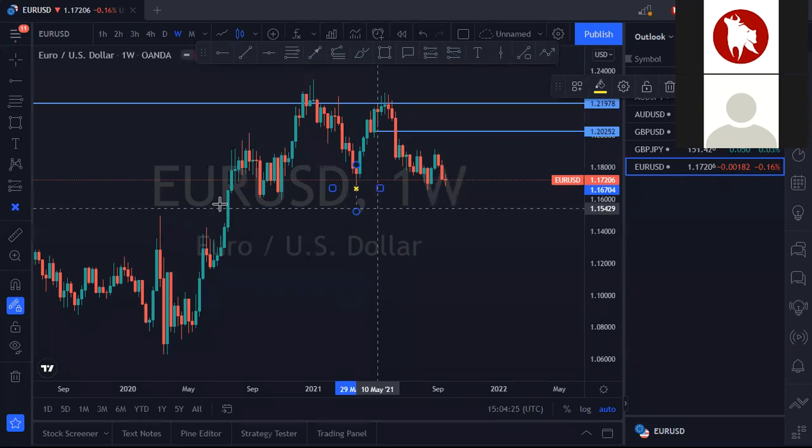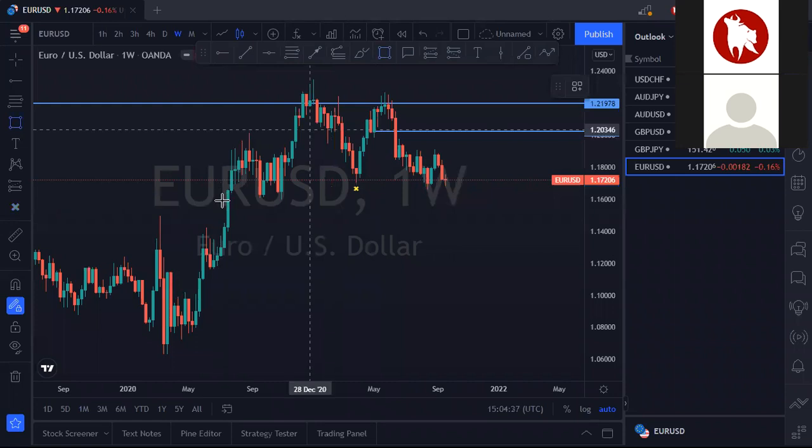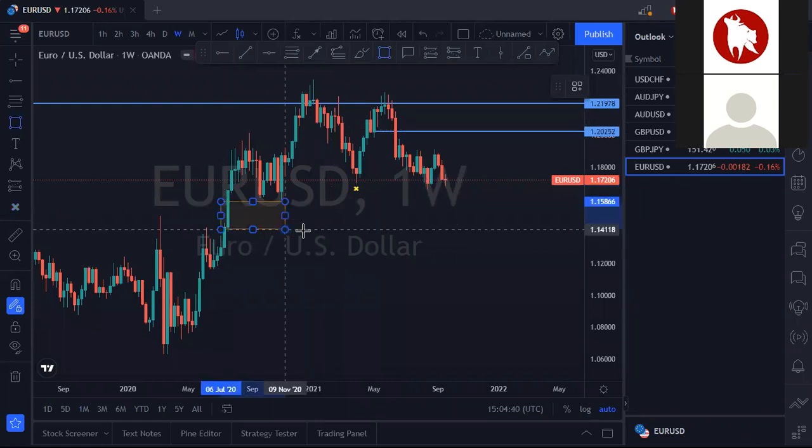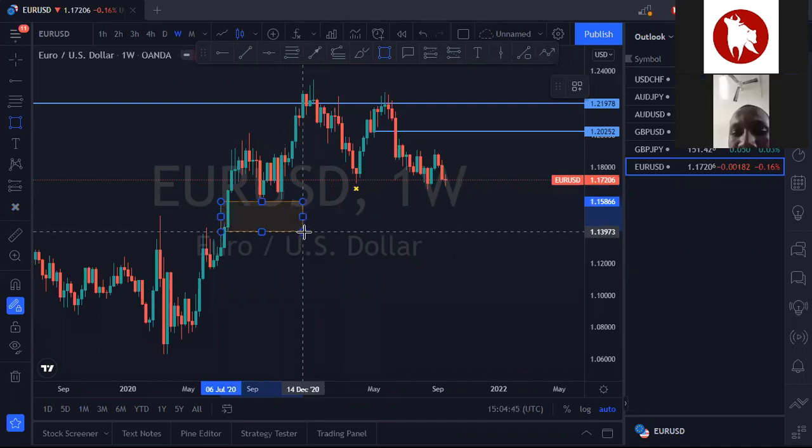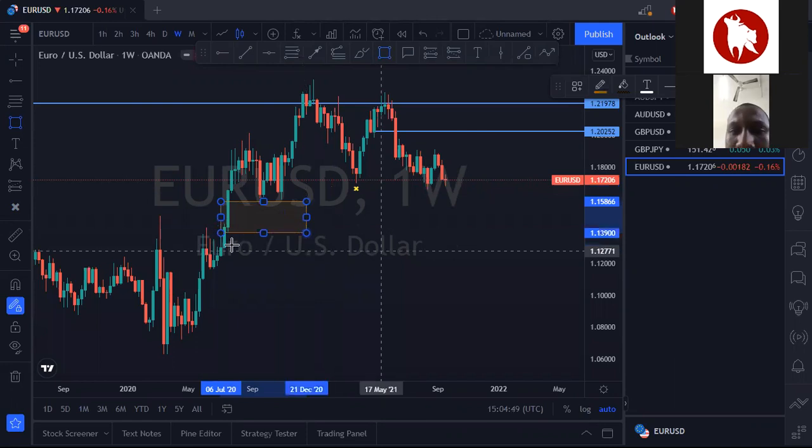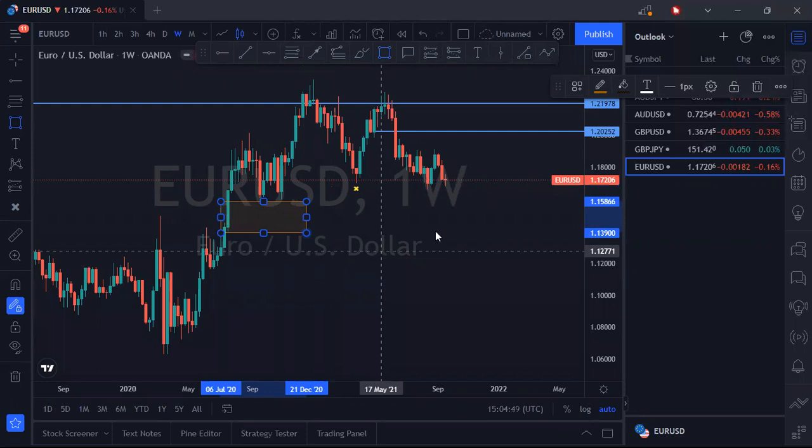Because we have a zone here, I'm really expecting that if there will be any reversal, price will have to come and fill the zone. That is my expectation, that price will come and fill the zone before it reverses to the upside, and then before it continues.